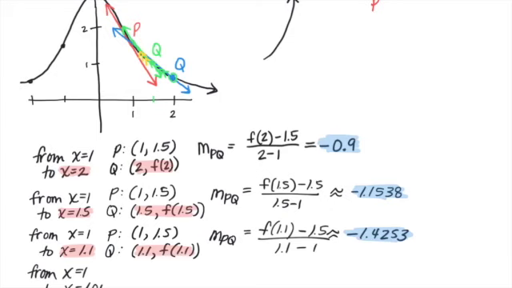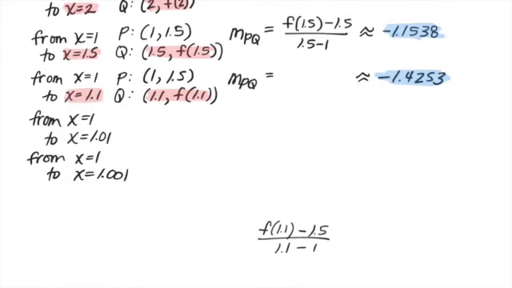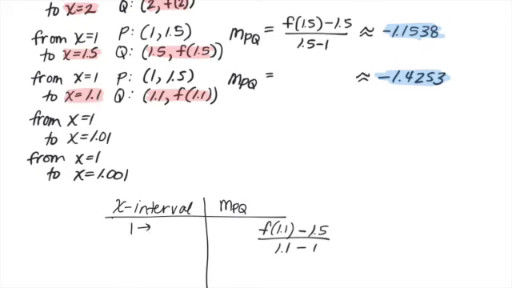And we are going to organize our information in a table. So let's set up the table before I show you the calculator. Now, our table is going to contain the x interval that we are analyzing, and then it will contain the slope of the secant lines, which is the slope of PQ. So for example, the first computation was the x interval from x equals 1 to 2, and our slope was negative 0.9. Our second interval was from x equals 1 to x equals 1.5, and our slope was about negative 1.1538.